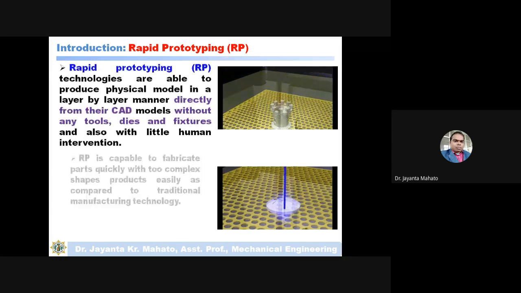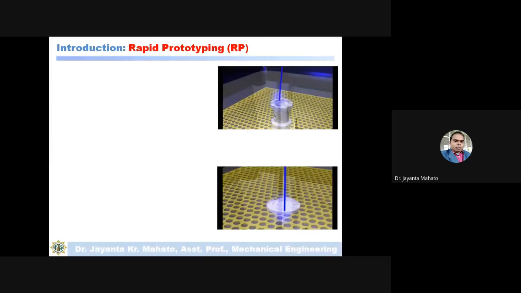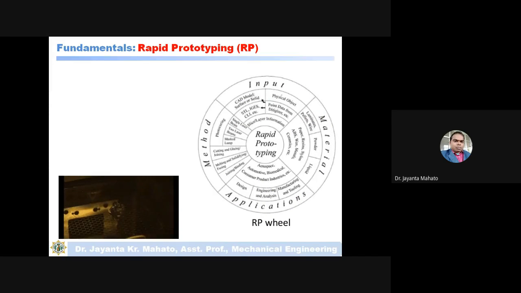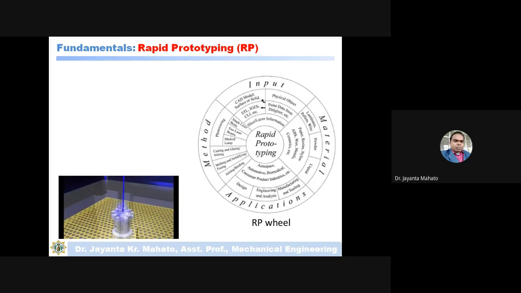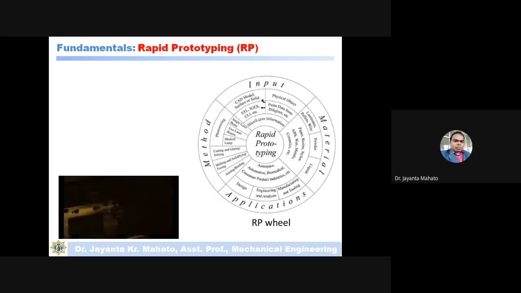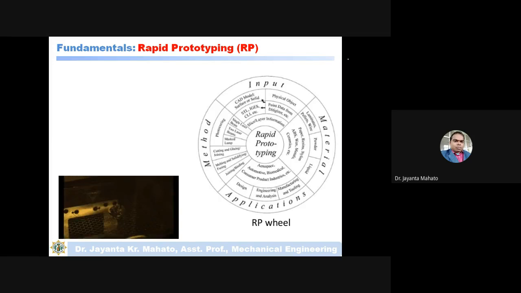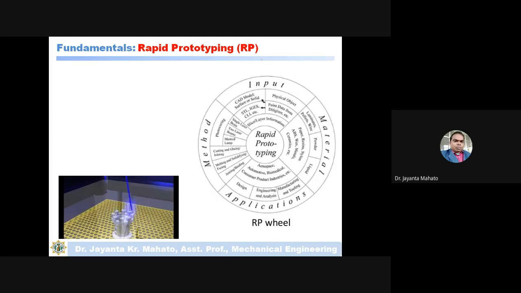First, the input parameters, meaning what type of inputs there are. First, I have to design a CAD model. These can be surface or solid type models, so two types of models are possible: one is surface and another is solid.